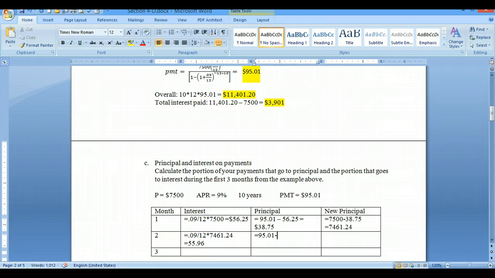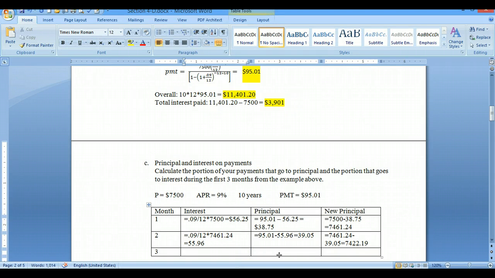So what is left over after my $55.96 going towards interest will be $39.05, which means my new principal, I'm going to take the 74.61 and 24 cents and subtract the $39.05, which makes my new principal $7,422.19.